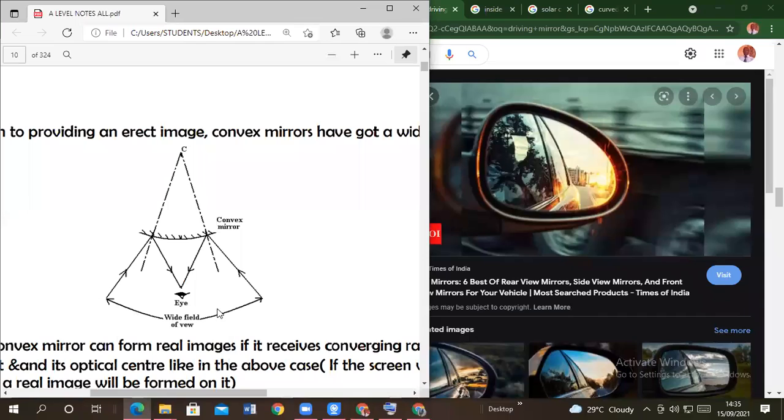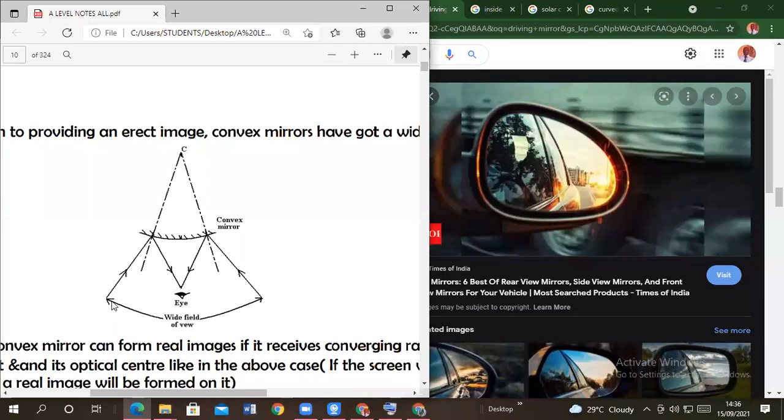This part here. If someone is seated here or has placed the eye here, this person is able to see something far because the mirror has a wide field of view. If we place a screen where the eyes are at this point, we are likely to have a real image at this point.